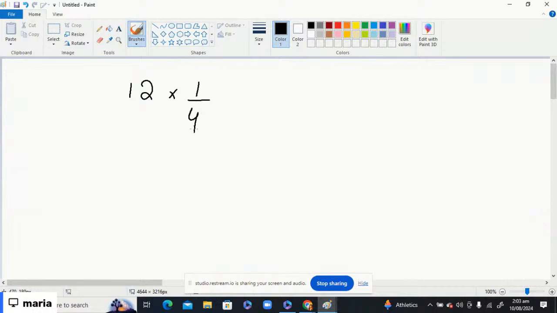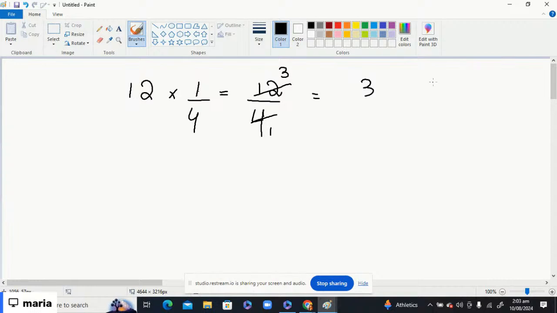So you check it out. 12 is simply multiplied with the 1. So this becomes 12 over 4. Okay, as we know that 4 times 1 is 4 and 4 times 3 is 12, so the answer is 3.